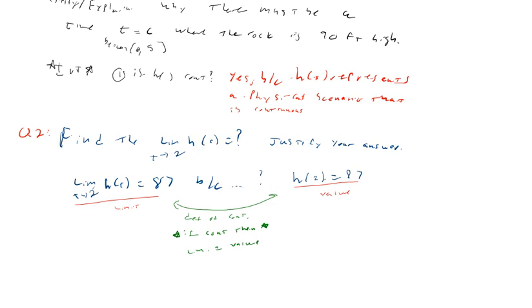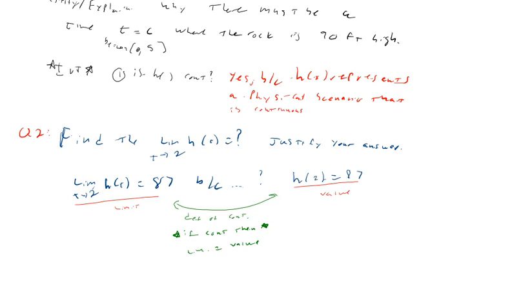If something is continuous, then for sure all of the values of the equation are equal to the limits of the equation. All of the limits and all of the values match. That's the definition of continuity. The value and the limits are connected.